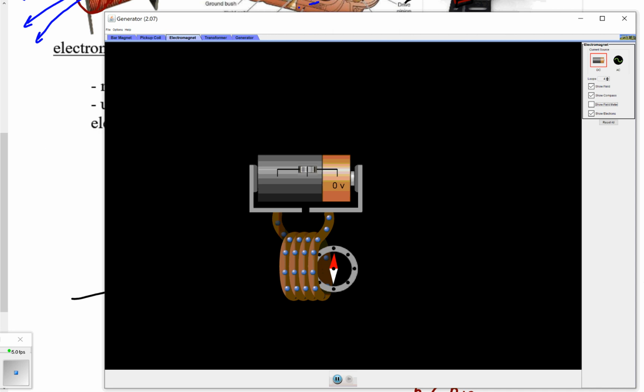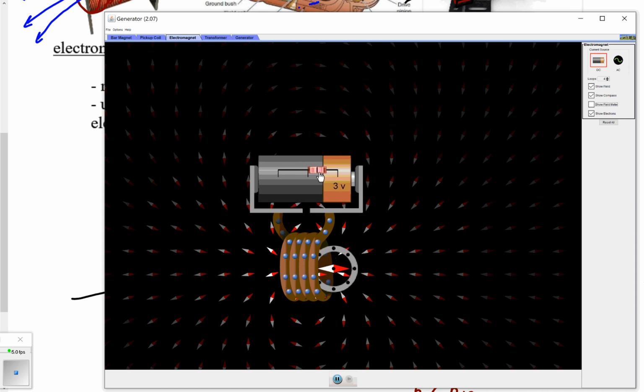As you look right now, the compass is directed north and south. What's cool about this, and this is all a tangent galvanometer is, is this setup. When you apply voltage to this coil, it's going to make a magnetic field. Let's see if we can just barely move the slider, boom. And if you notice, instantly the compass aligned itself to the magnetic field.